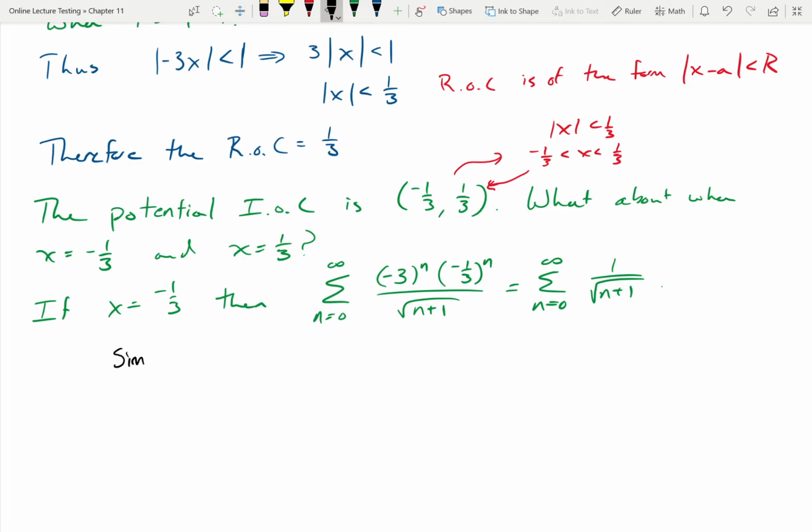This is similar to the series from 1 to infinity of 1 over the square root of n, which is a p series. And this is why I switched my beginning piece here to n to the 1/2 power.